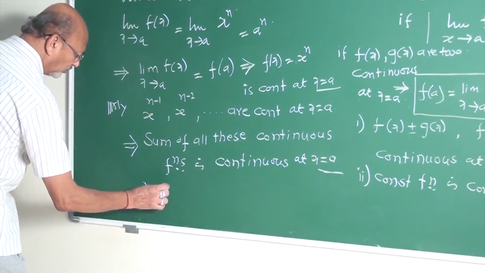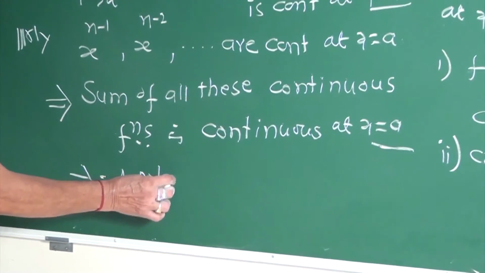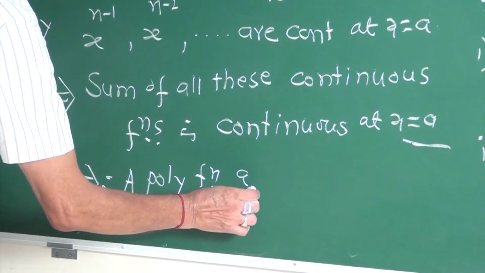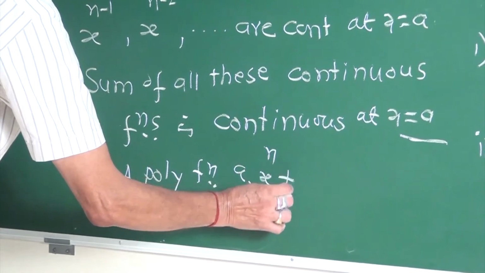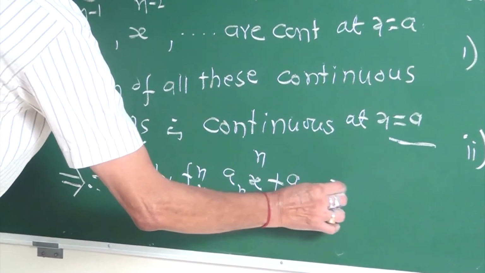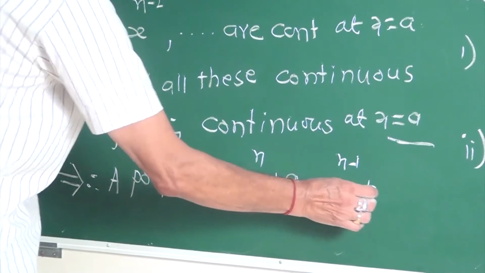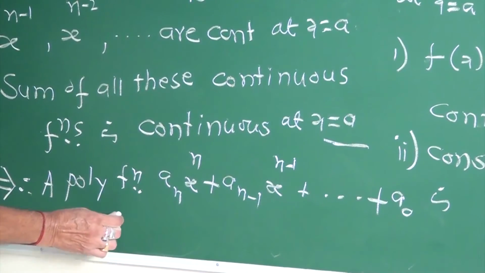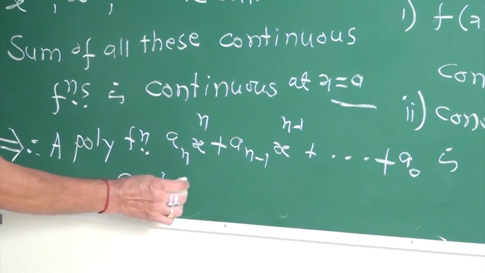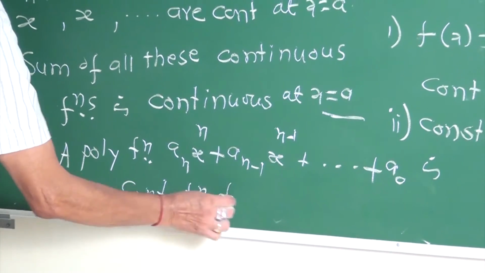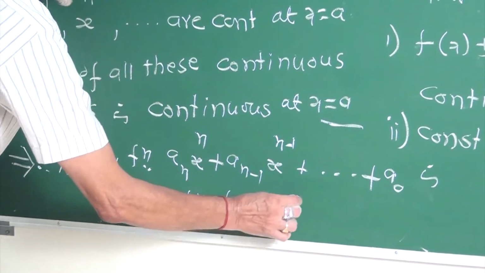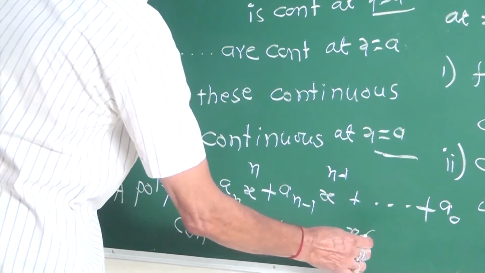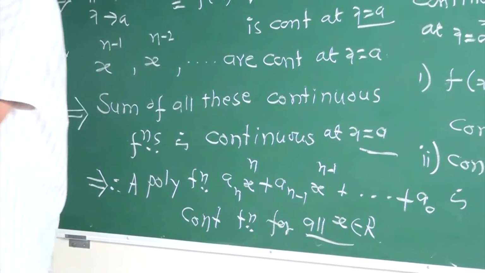Therefore, a polynomial function like this, a_n x to the power n plus a_(n-1) x to the power n minus 1 plus so on, is a continuous function for all x belongs to real numbers.